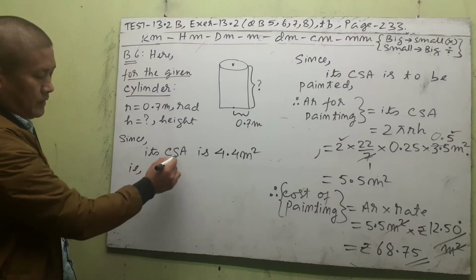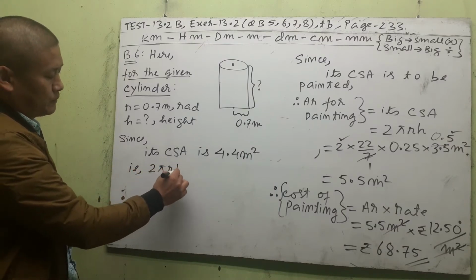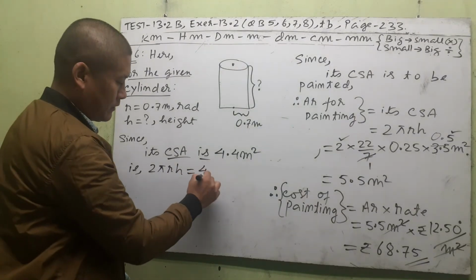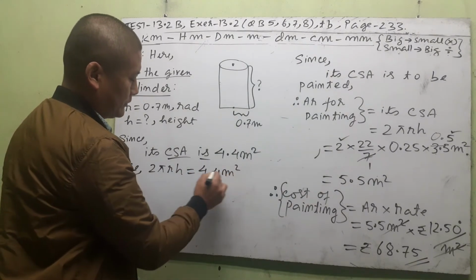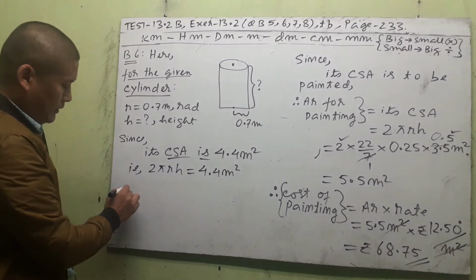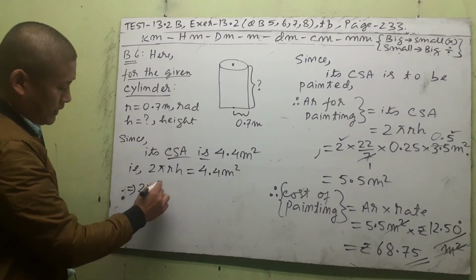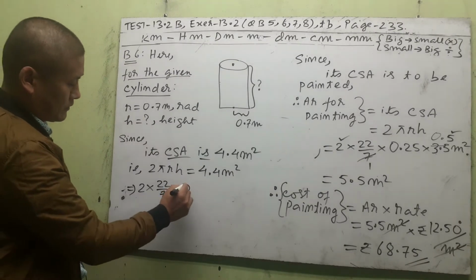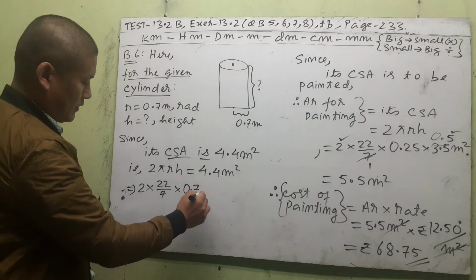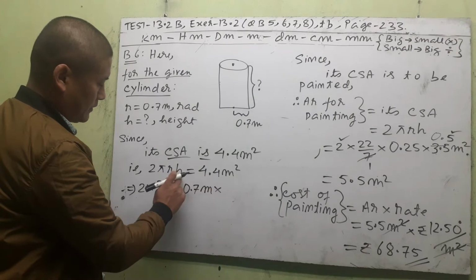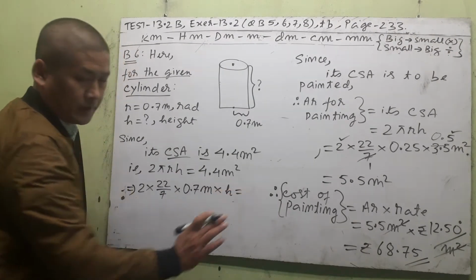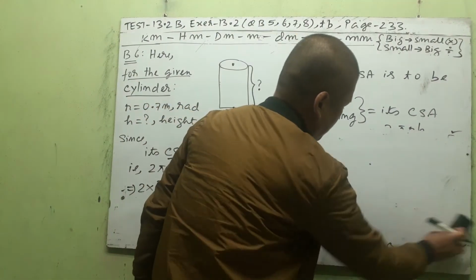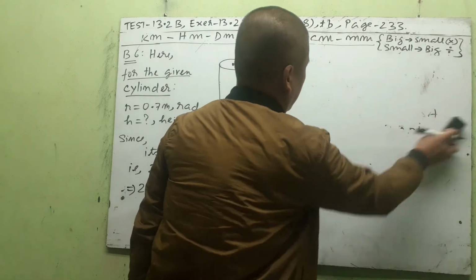That is, the curved surface area formula is 2 pi RH. Is means we put equal, and this one, 4.4 meters square. And next we can write 2 into pi, we can write as 22 by 7. R is given as 0.7 meter, and H is what we're trying to find out, we don't know yet.